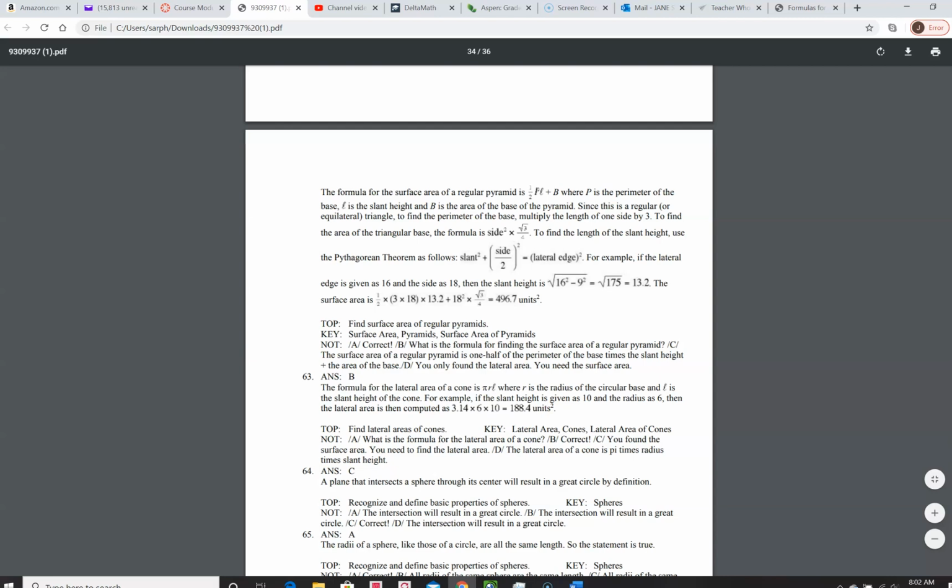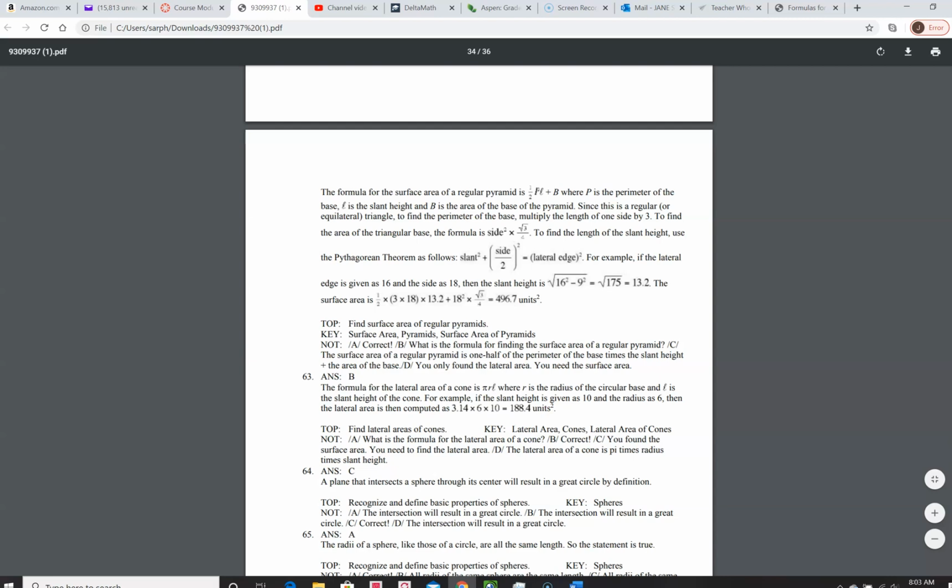So I'm going to go 3 times 1/2, and I just put 0.5, times 13.22 times 18, and I get an answer. I'm going to add all that to 1/2 times 18 times 15.6. Altogether, 497.34.